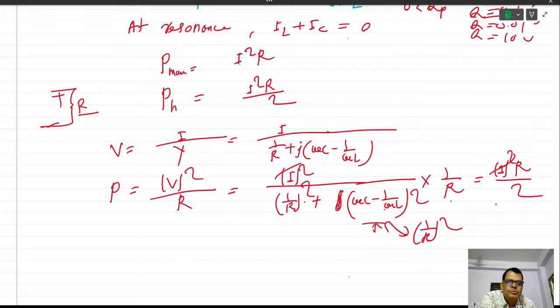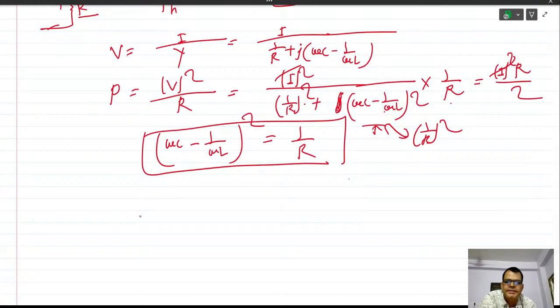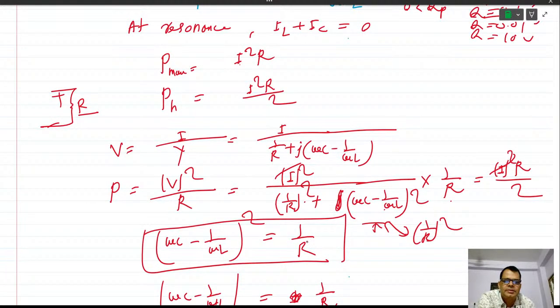So that means (omega C minus 1 upon omega L) square should be 1 upon R square. This is the condition for the half power frequency. We will simplify a little bit here to find the actual value. That means the magnitude of omega C minus 1 upon omega L is equal to 1 upon R.